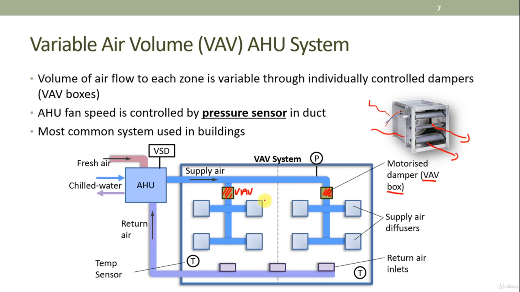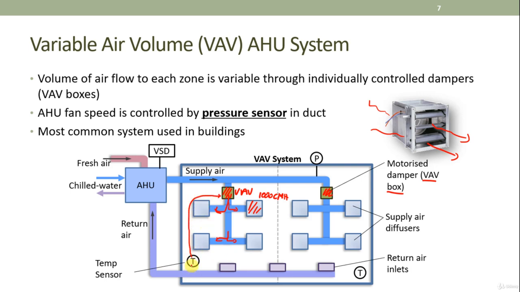Using the same example, let's say each diffuser supplies 1000 cmH. During a cold day, when the load starts to reduce, you can supply less air. Instead of 1000 cmH, you can reduce it to 800 cmH or 600 cmH. So the amount of air that's flowing through can be adjusted, and that will react to the temperature sensor.